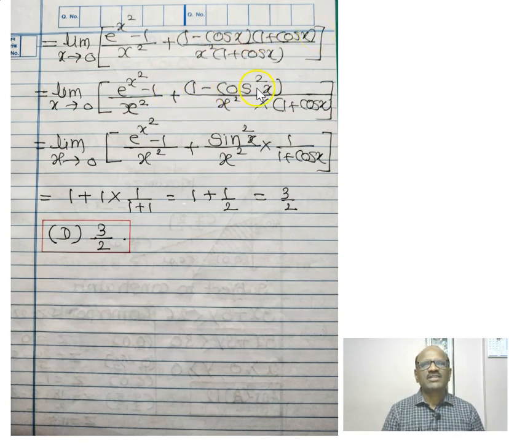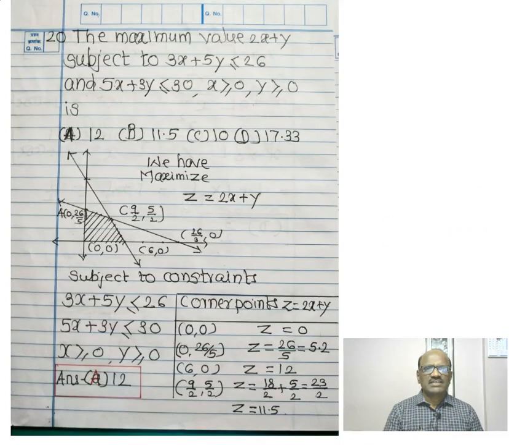Then you are getting (1 − cos²x)/x² × 1/(1 + cos x). Now what's here? 1 − cos²x means sin²x, so sin²x/x² × 1/(1 + cos x). The value of this limit is 1/2 and the value of this limit is 1, and overall that is 1 + 1/2, that is 3/2, and hence option D is the correct one.